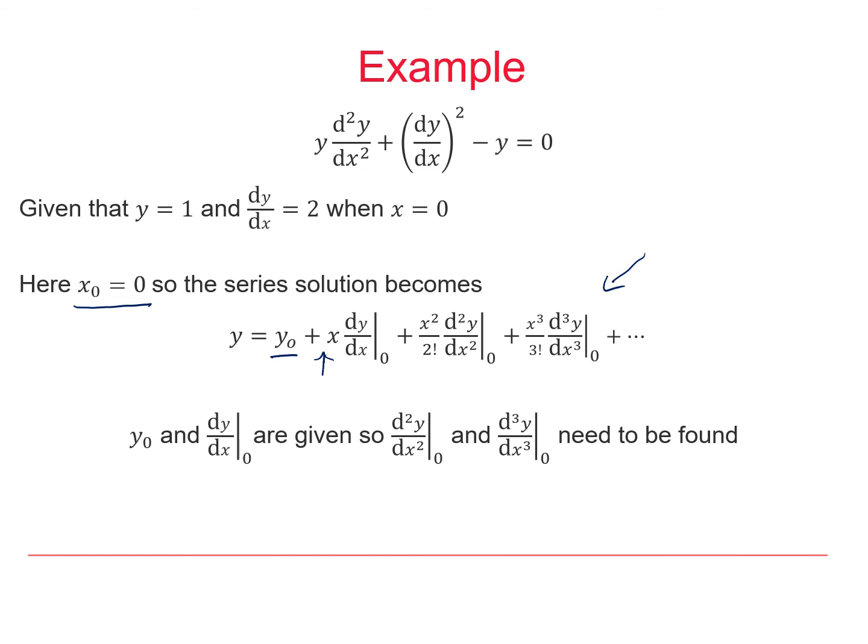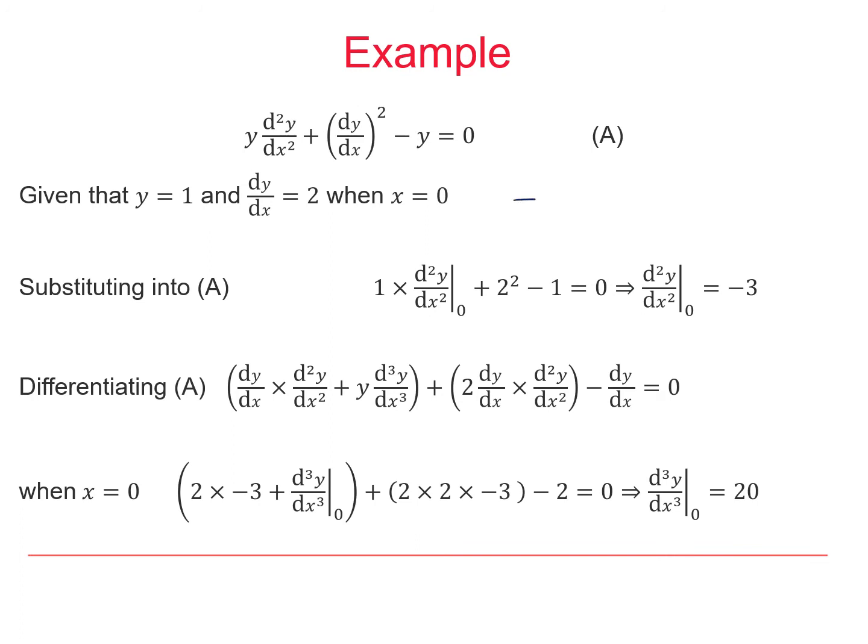The key thing is that we need to evaluate y naught, dy by dx at x equals 0, and the second derivative and the third derivative. So let's go ahead and do that. We're given 3 of the 5 values that we need, so we need to find the second and third derivative values when x equals 0.